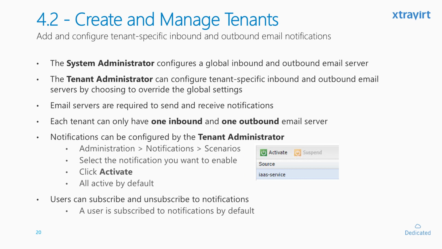It's worth noting that only one of each can be configured, and that applies per tenant as well. So the tenant administrator can then go in and begin to configure tenant-specific inbound and outbound emails by choosing to override the global settings.